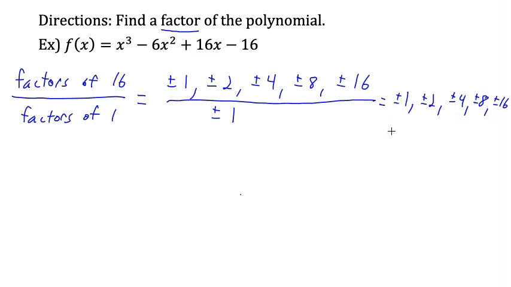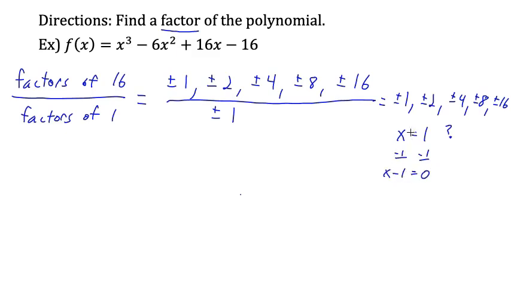So for instance, if positive 1 is a root, x would equal 1. Now we don't know that. But we're trying to find factors. So let's turn this root into a factor. If we subtract 1 on both sides, we get x minus 1 equals 0.